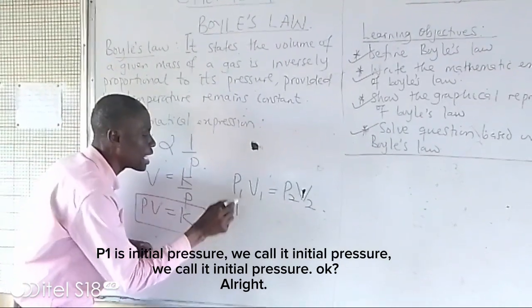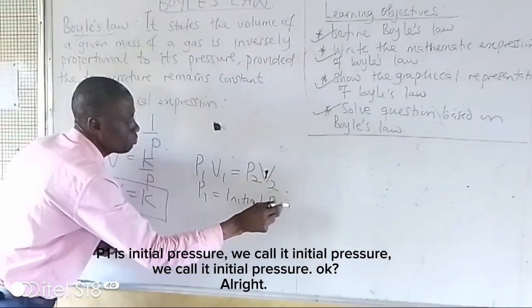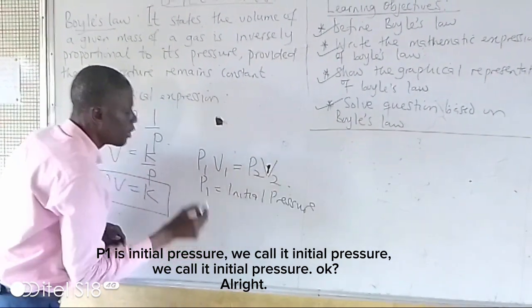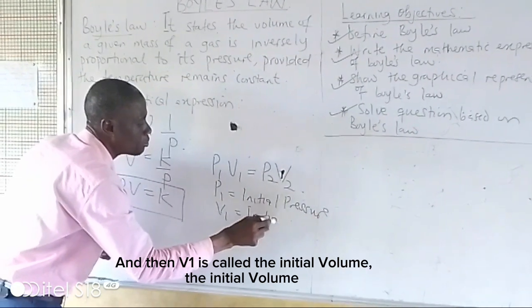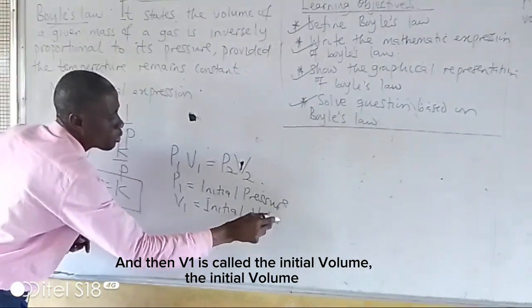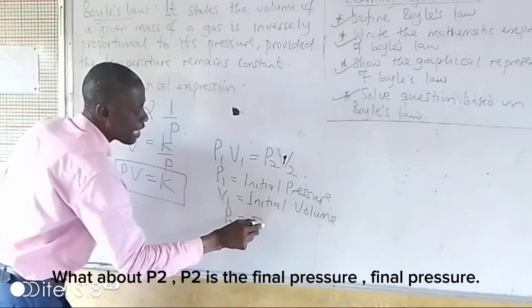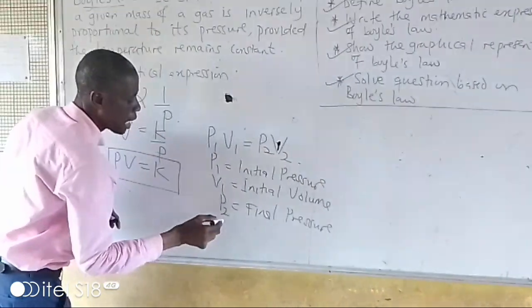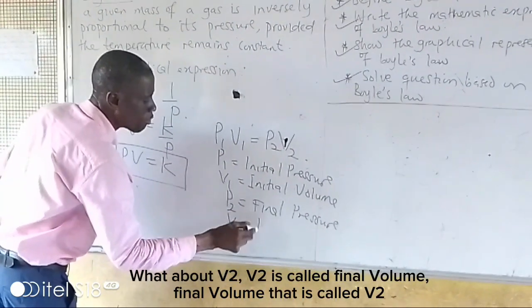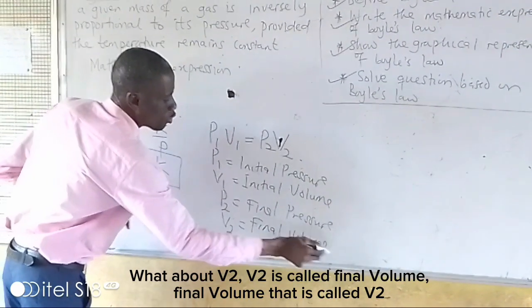V1 is the initial volume. P2 is the final pressure. V2 is the final volume.